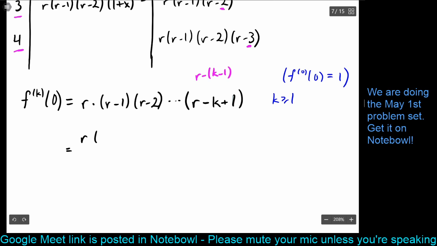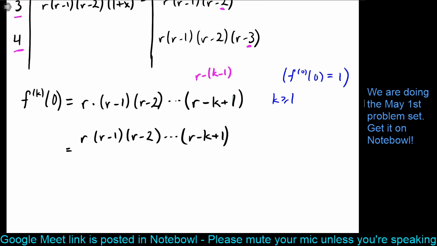I recognize this pattern here as being sort of like half of a factorial in some sense. But if I want to make this top actually be r factorial, I need to add in some things like r minus k minus 1, all the way down to 2 times 1.